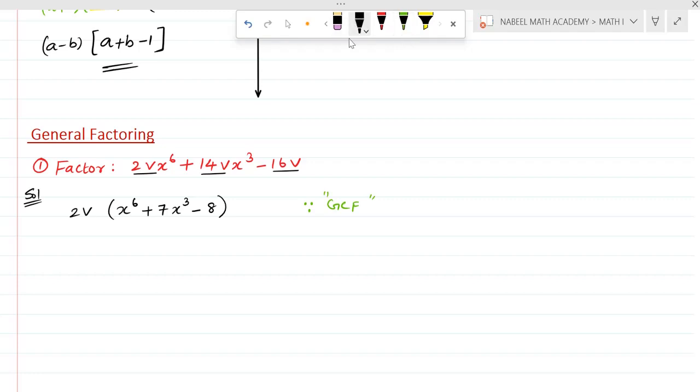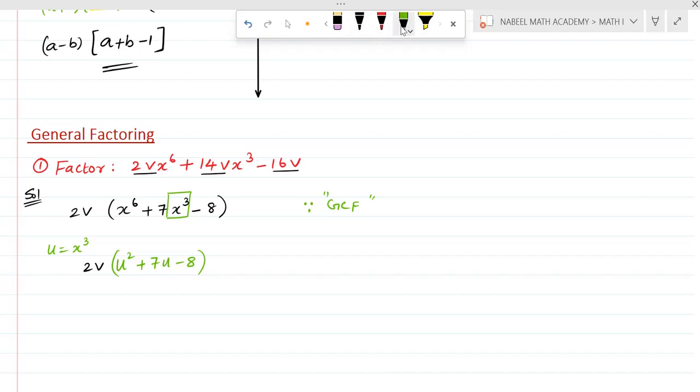Now the next step, I have to go with the U method because it is more than 4. So I will take u equal to x to the power 3. So what happened to this part? It becomes u square plus 7u minus 8. And the outside will be 2v, the same. So I will factorize this one.